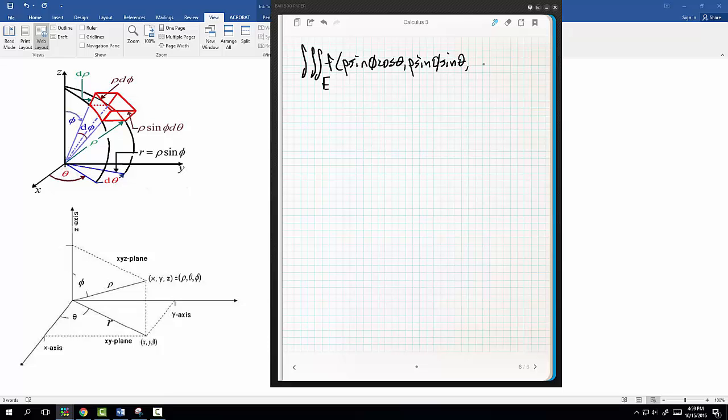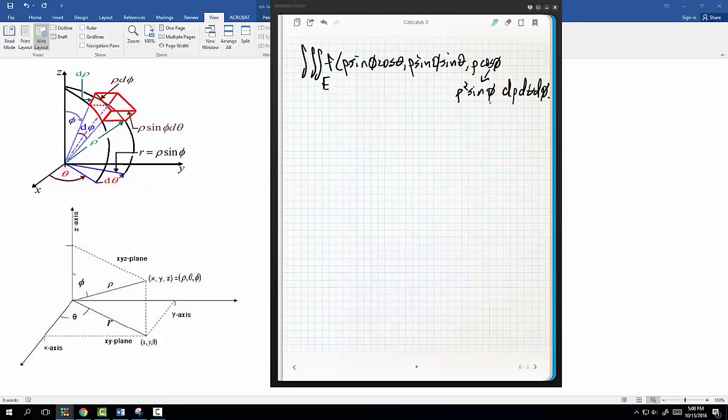And then we know that z was equal to what? Rho cos phi, right? I'm going to run out of space, so I'm going to bring it down here, so bear with me. My volume element is rho squared sine phi, and then d rho, d theta, d phi.